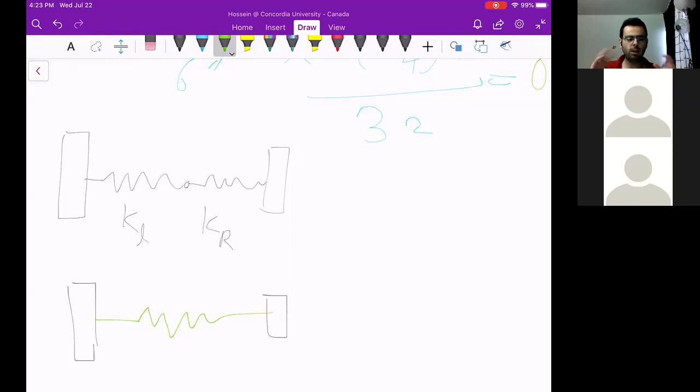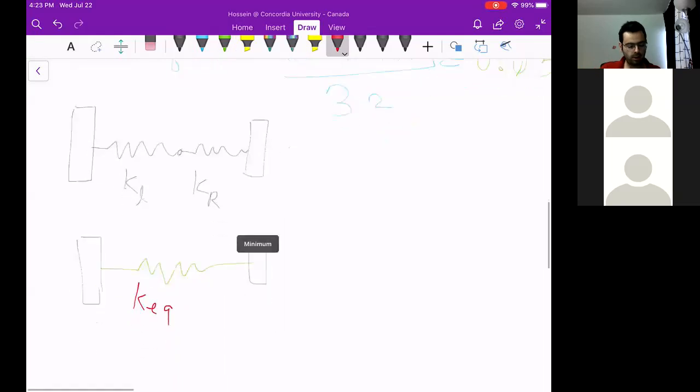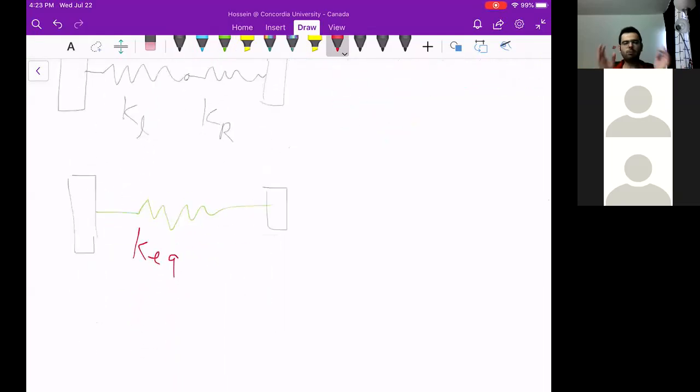Because we are dealing with 2 masses which can rotate independently from each other, we could draw a conclusion that we are dealing with a 2 degree of freedom system. If we could come up with the equivalent or effective stiffness, our calculation toward finding natural frequency would be much simpler. So J left and J right.